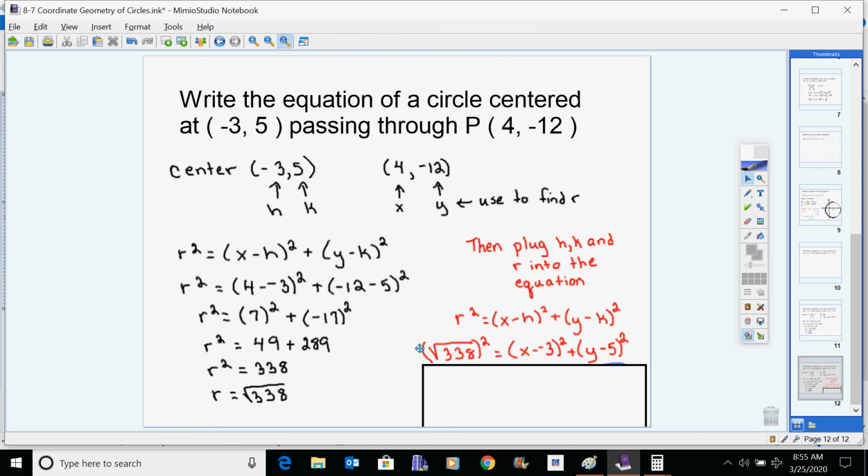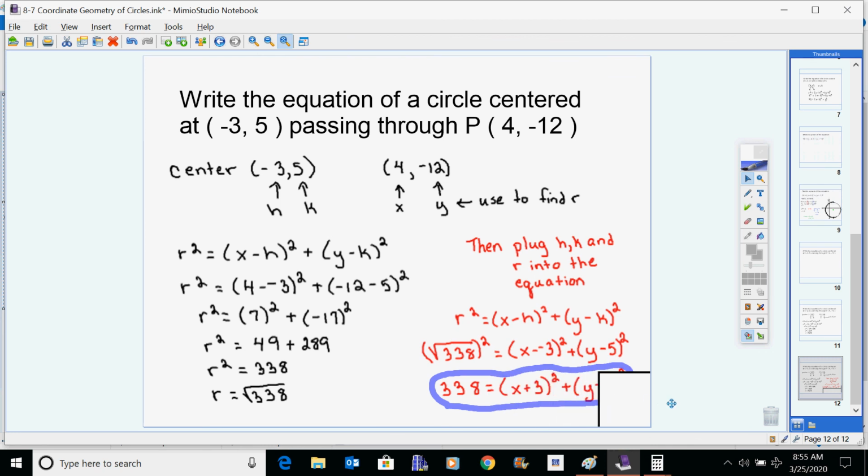So we have the square root of 338 squared, x minus negative 3, y minus 5. When we take a square root of something and you square it, they undo each other. They're inverse operations, just like when you add and subtract the same thing, you get that number back. So this becomes 338. Clean up your x minus negative to make it plus, y minus 5, and this actually is your answer to this problem.